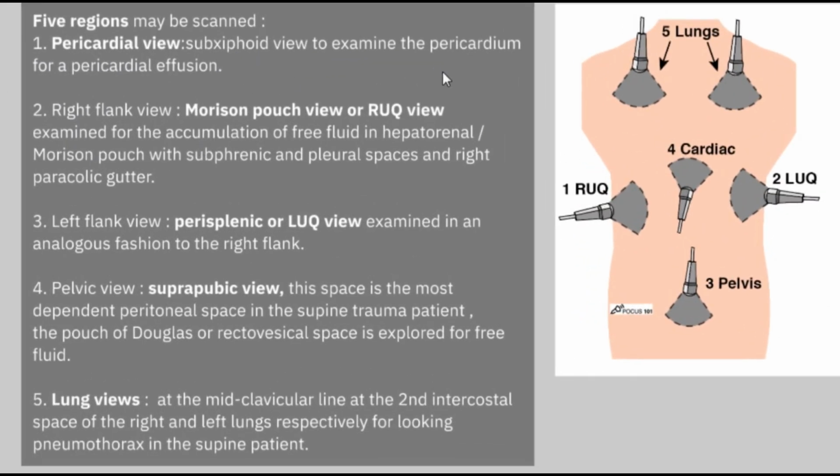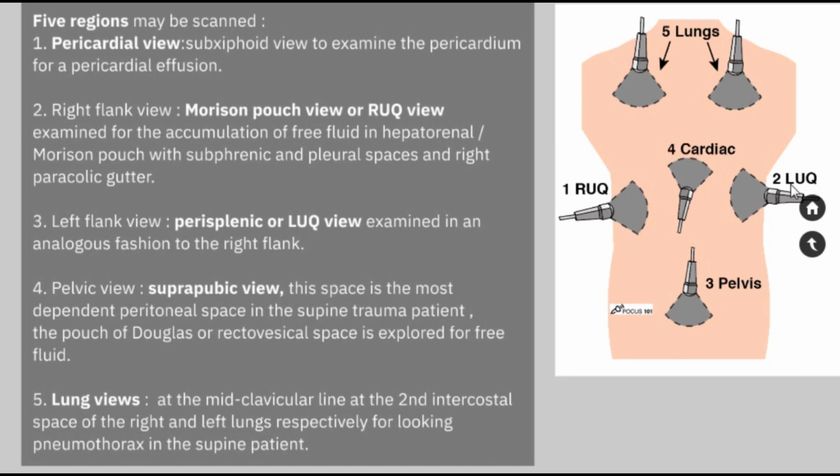So the FAST scan, as we know, covers 5 areas. In the second intercostal space, we look for pneumothorax, and in the cardiac region, the subxiphoid, we look for pericardial effusion. In the right upper quadrant, which is our subject, and the left upper quadrant, we look for fluid in the Morrison pouch, or below the diaphragm, or in the paracolic gutter.